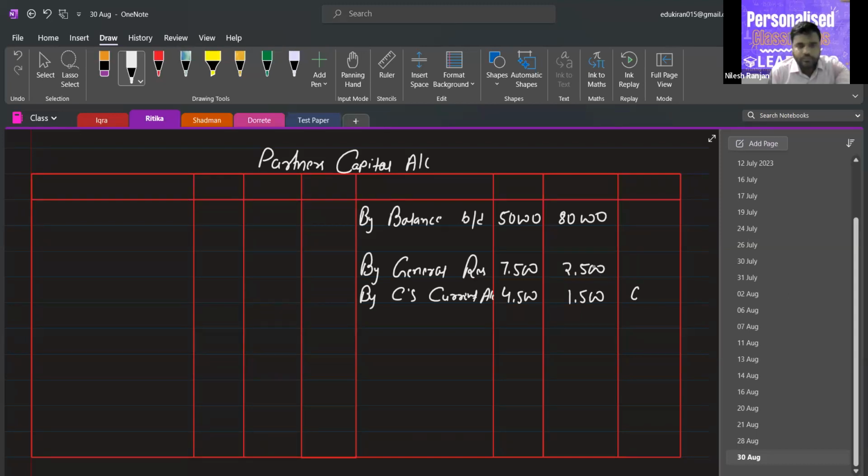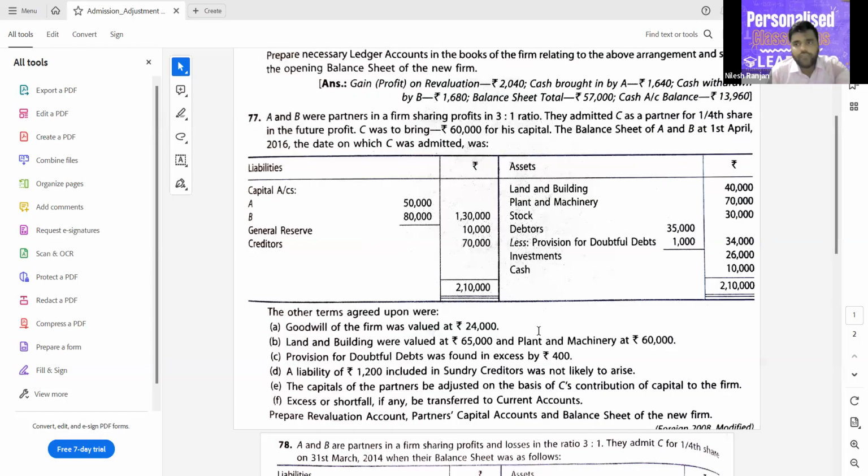Yes, sir. Now, you understood why we have written current account here? Actually, we have to keep our capital in proportion to the profit sharing ratio.